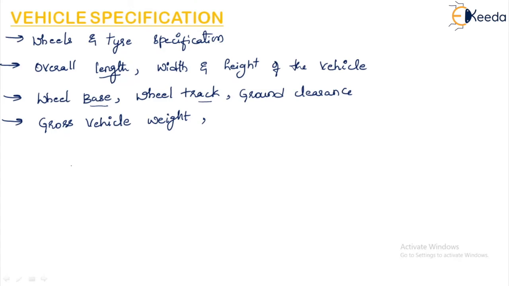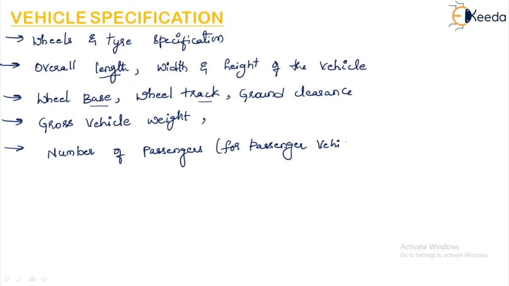Then the last factor which we are considering is the number of passengers for passenger vehicles. So here the payload is also a consideration for a particular vehicle. What is a payload? Payload is nothing but the maximum amount of weight a vehicle can carry safely.